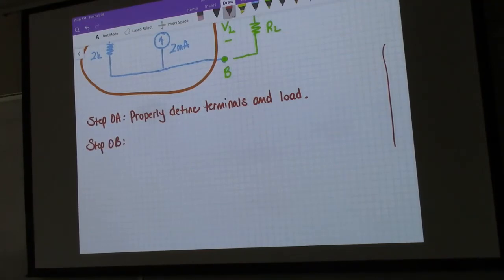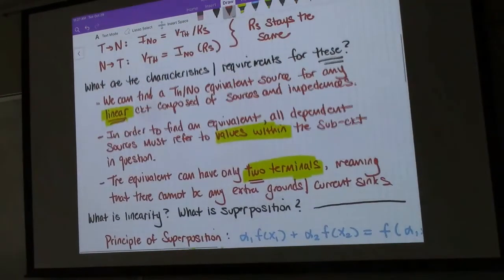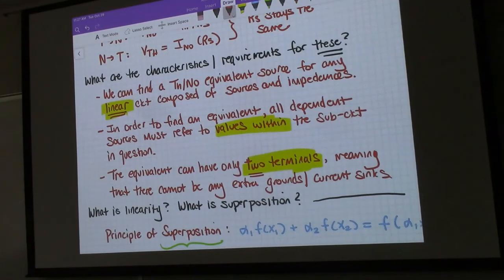Step 0B. Make sure the circuit meets all the requirements that we outlined above.